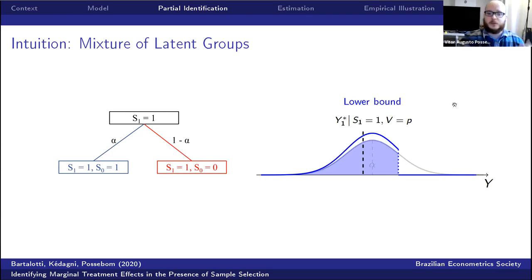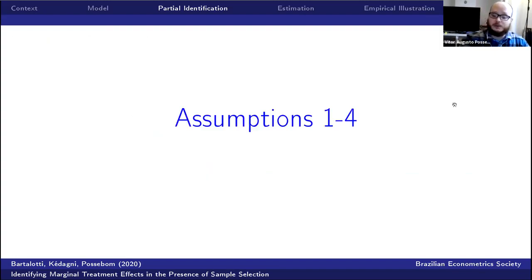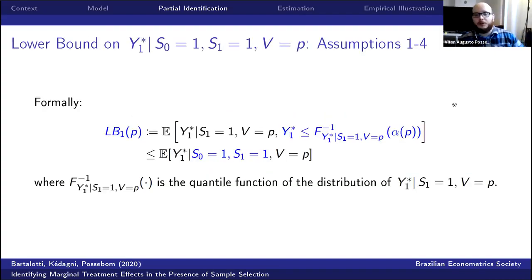And as a consequence, we have a lower bound for the distribution, and under assumptions 1 through 4, we have a lower bound for the expected value that we care about. And this lower bound is basically a trimmed mean where the trimming proportion is equal to alpha.